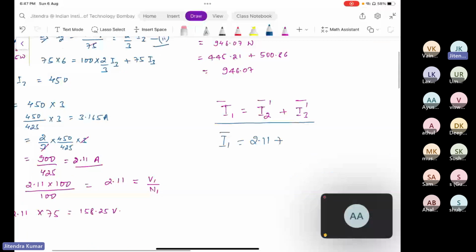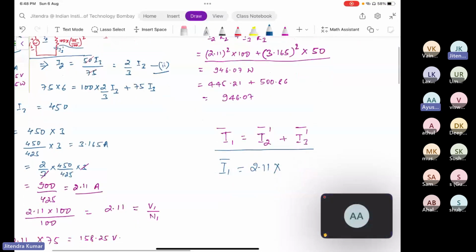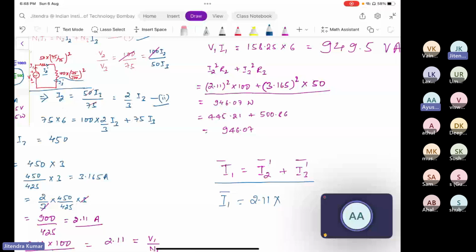Sir, we have to find out I2 dash, not I2. Okay, sorry. We should do the phasor summation, sir. No, but both are resistive loads, same, so there is no need.